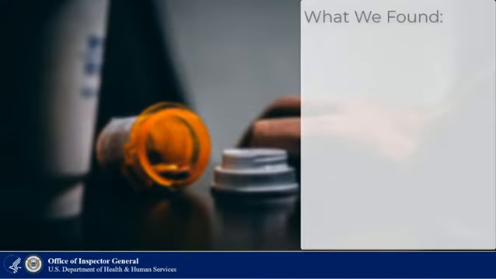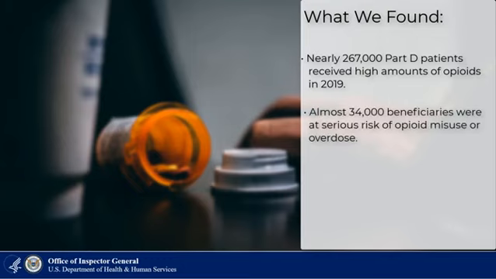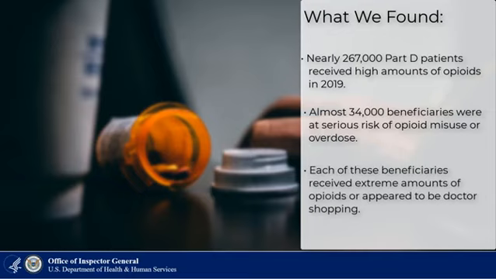Specifically, we found that in 2019, nearly 267,000 Part D patients received high amounts of opioids, and of these, almost 34,000 beneficiaries were at serious risk of opioid misuse or overdose. Each of these beneficiaries received extreme amounts of opioids or appeared to be doctor shopping.